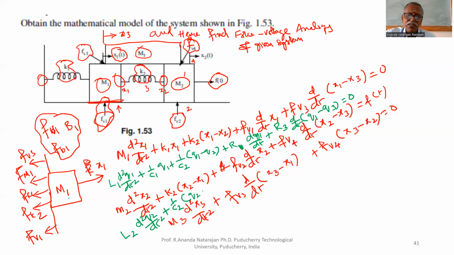We have to reverse that: (q2 minus q1), plus Fv2, which is R2 dq2 by dt, plus Fv4, which is R4 d upon dt of (q2 minus q3), equal to v of t, the applied voltage.